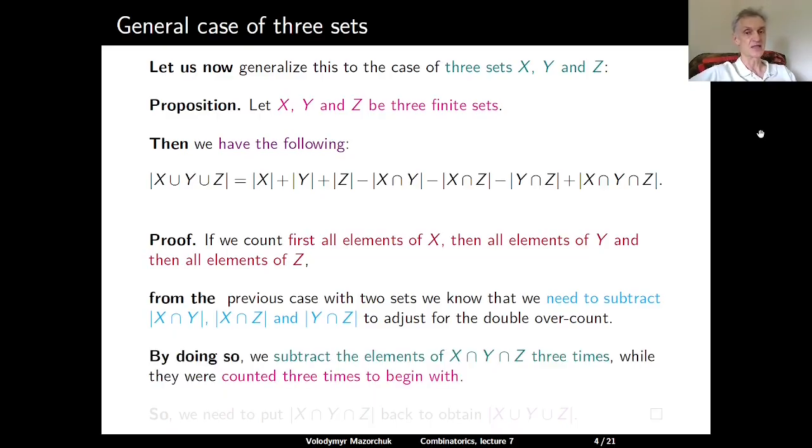But when we subtract these three things, the elements of the intersection of X, Y, and Z get subtracted 3 times, while in the original counting they were counted 3 times. So they just disappear. We have to put them back in order to obtain the cardinality of the union of X, Y, and Z. So this proves the proposition in the case of three sets.